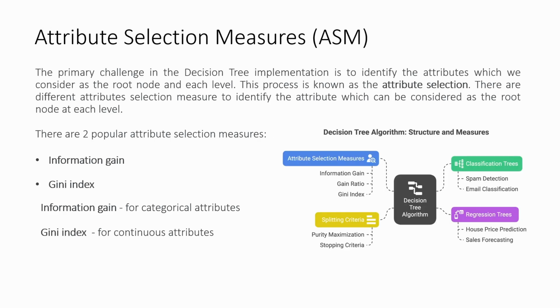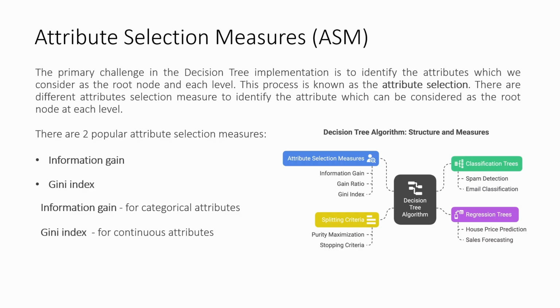But how will you decide which node, which data to be split? That is based on the attribute selection measures. We have to identify the attribute which we consider as the root node. When you are creating the decision tree, you need to decide which feature will come as the root node. That is based on the attribute selection measure.